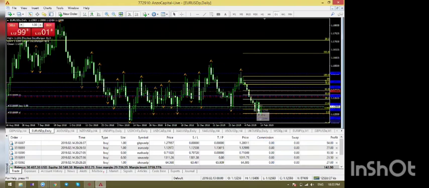So in this situation, the second candle is our first candle, which is an overlap candle. And the third candle here has overlapped the second one, which is actually our first one.